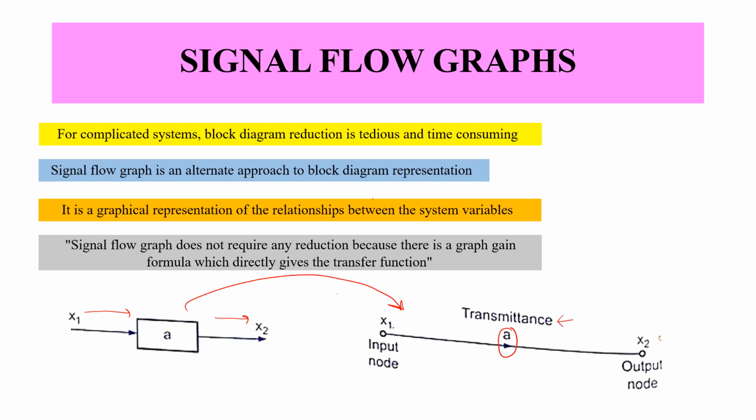So this is how we represent it. So we replace the block diagram representation with a signal flow graph by following certain rules. There are very minimal rules for that, and they are very convenient rules as compared to the block diagram reduction technique rules.